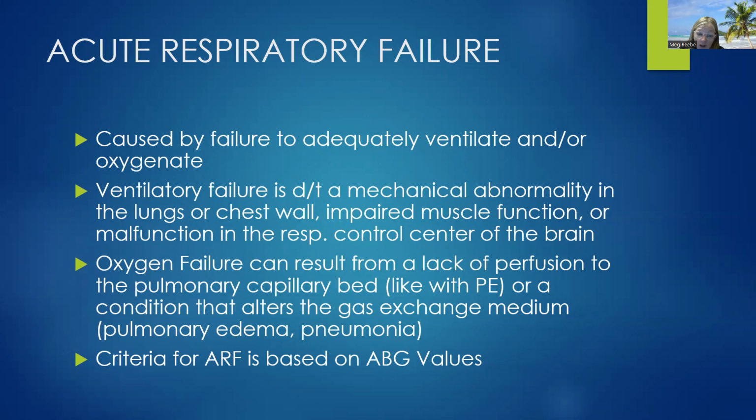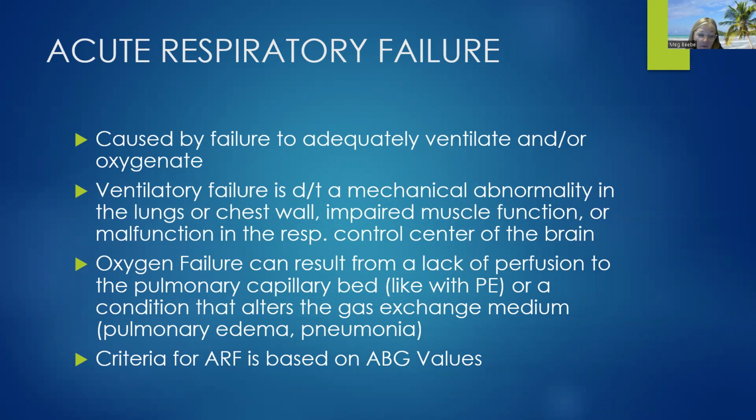Hypercapnic respiratory failure, or type 2, is characterized by respiratory acidosis, a PaCO2 greater than 50 millimeters of mercury, and a pH less than 7.35. Hypoxemia may or may not be present with hypercapnic respiratory failure.